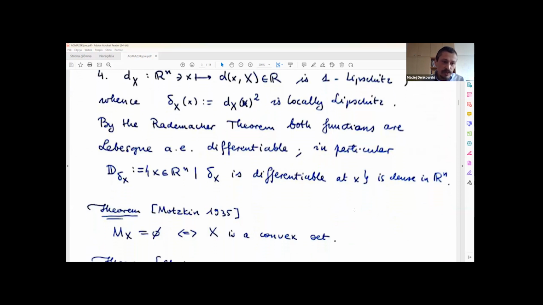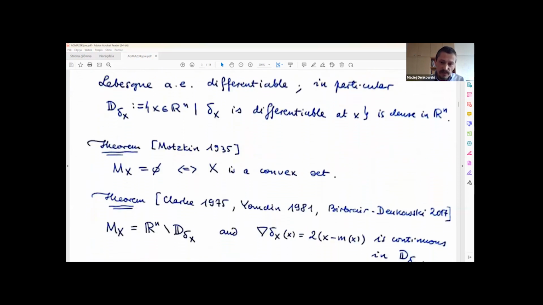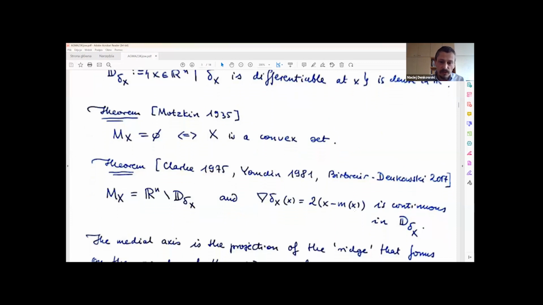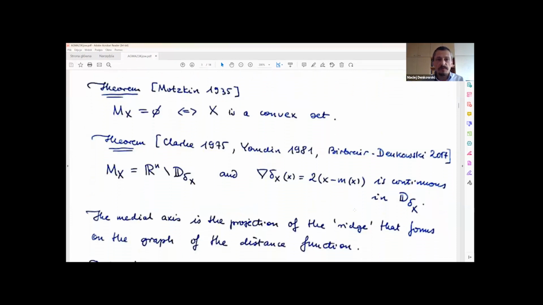And we have two results that tell us something about the structure of the medial axis. The medial axis is empty precisely in the case when we started from a convex set. So if and only if X is convex, this is an old result even before the notion of medial axis was introduced. It is due to Motzkin.